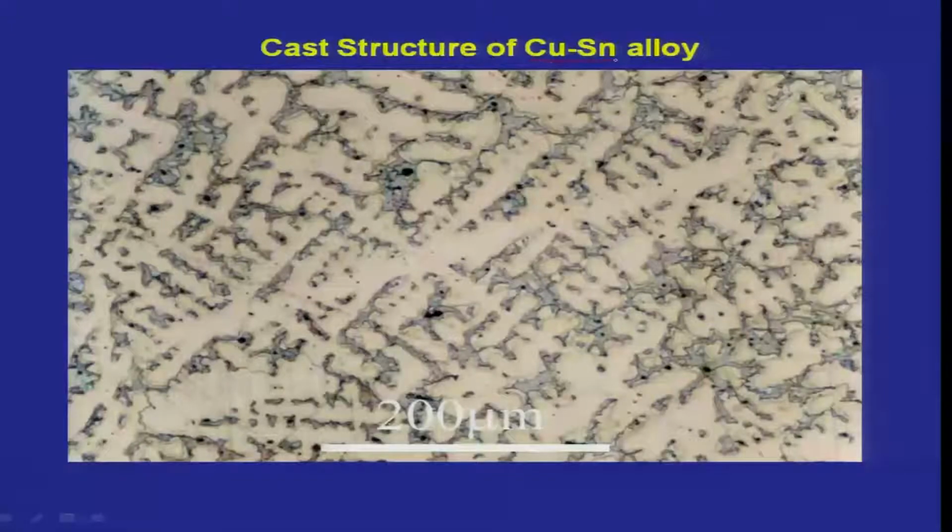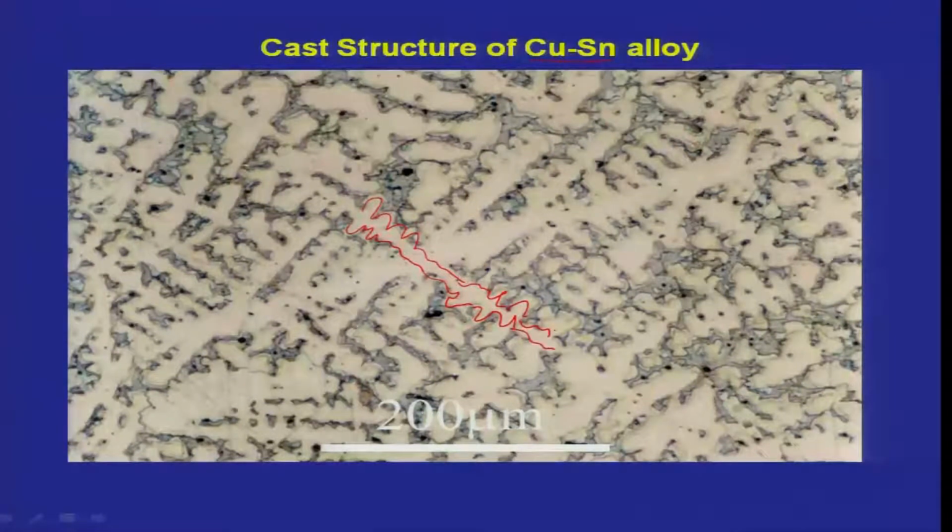To give you a better idea, suppose this is a cast copper tin structure, you will see this microstructure when you are working with a solidified product. Here dendrites are not very clearly visible, but you can see the skeleton of dendrites. Like here I can show you, this is the dendrite, you can see this is the skeleton of a dendrite, I am drawing it like this, the skeleton of a dendrite going.